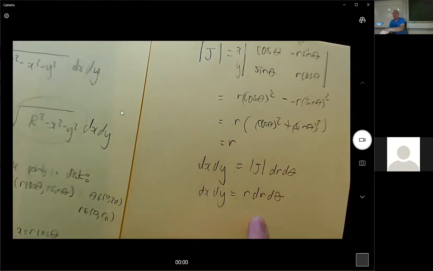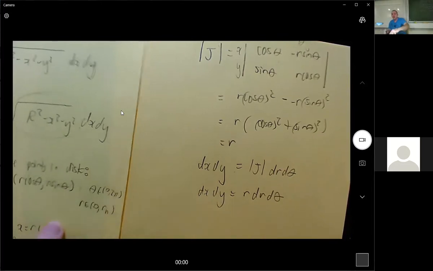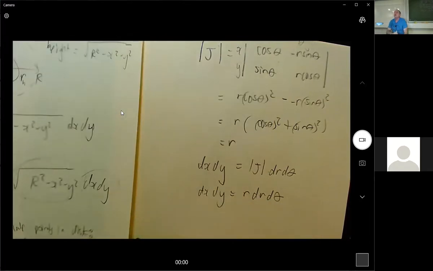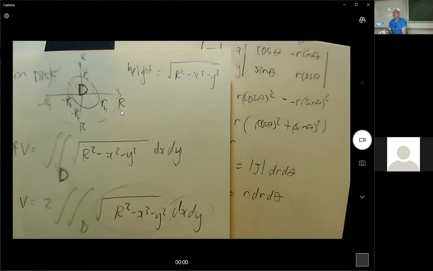So that's that. I can now replace this dx dy with dr d theta. But my formula is still in terms of x and y, so I'm going to need to replace that in terms of r and theta as well.